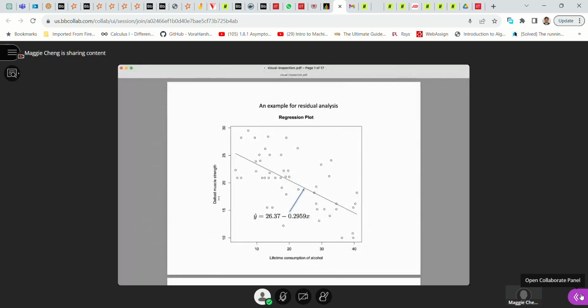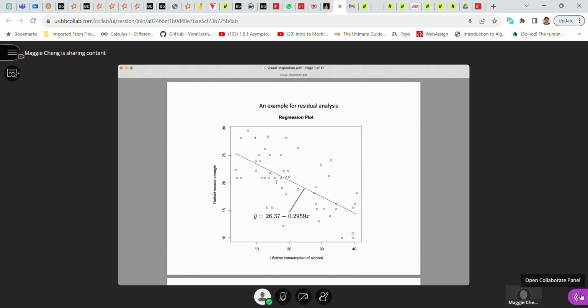First of all, this is an example where the response variable y is muscle strength and the predictor variable x is your lifetime consumption of alcohol. Needless to say, it has a negative impact, right? The more alcohol you drink, the more muscle loss you will have, so your muscle strength will decrease as you drink more alcohol.